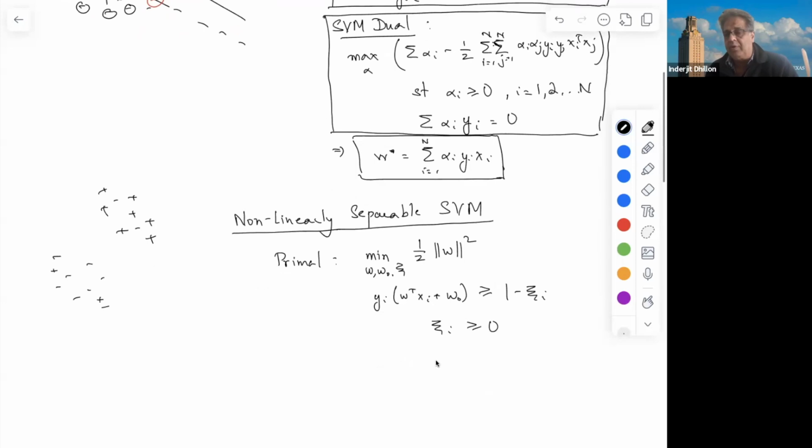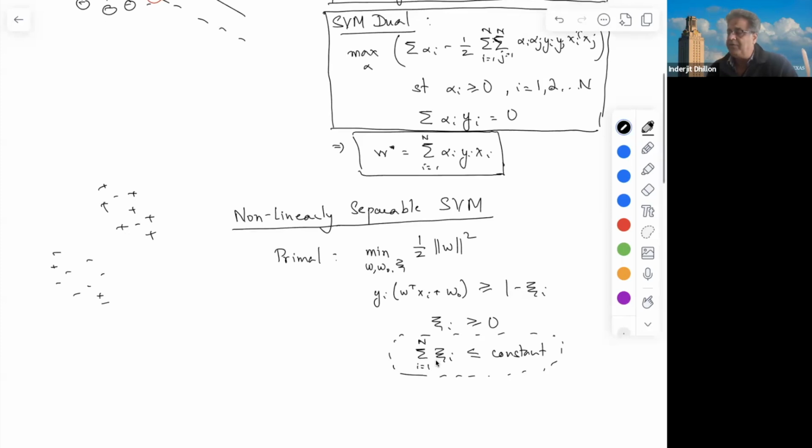We do need to control that the psi i's can't be too large. So one potential constraint would be that the summation of the psi i's, i equals 1 through n, is less than or equal to a constant. And what you can do is take this into the objective.